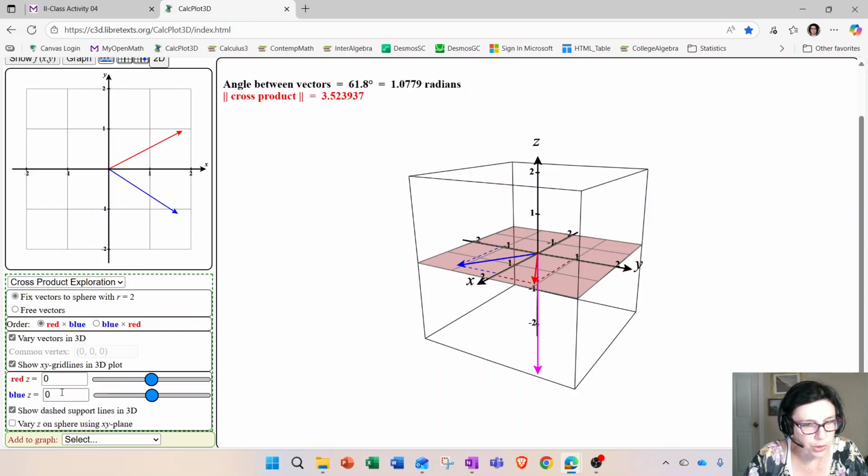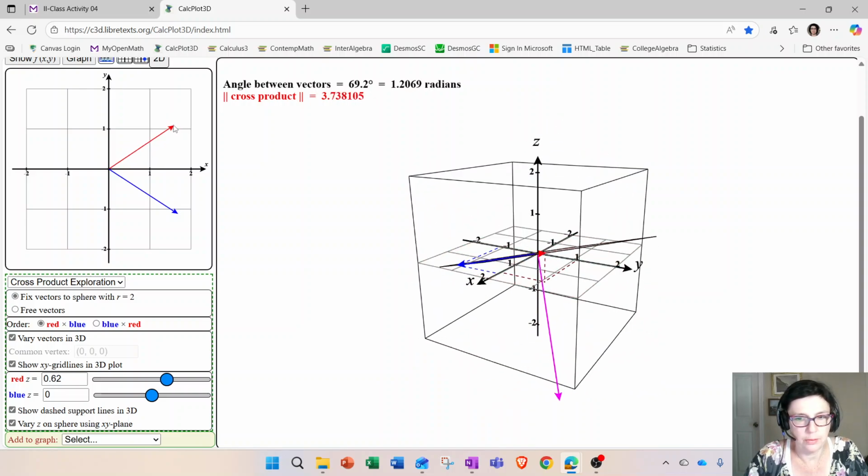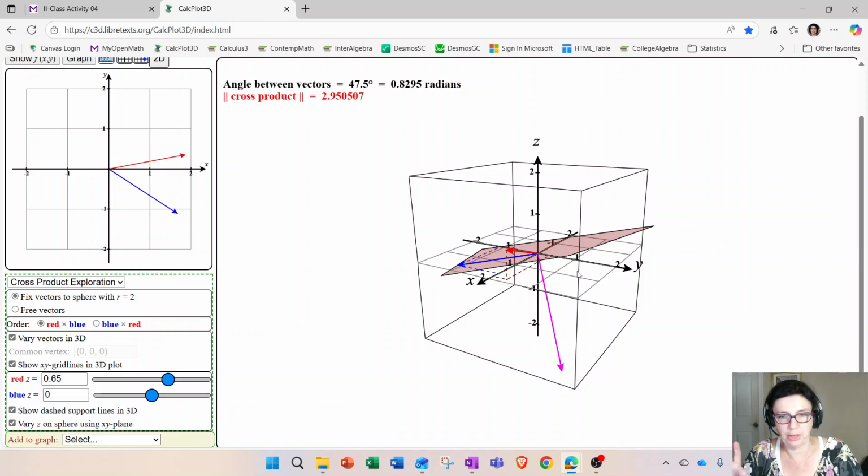You can also vary the z, so you can grab the vector and make it not necessarily in the xy plane. But you can see that every time the cross product is orthogonal to each of these two vectors. So that's something that you need to remember.